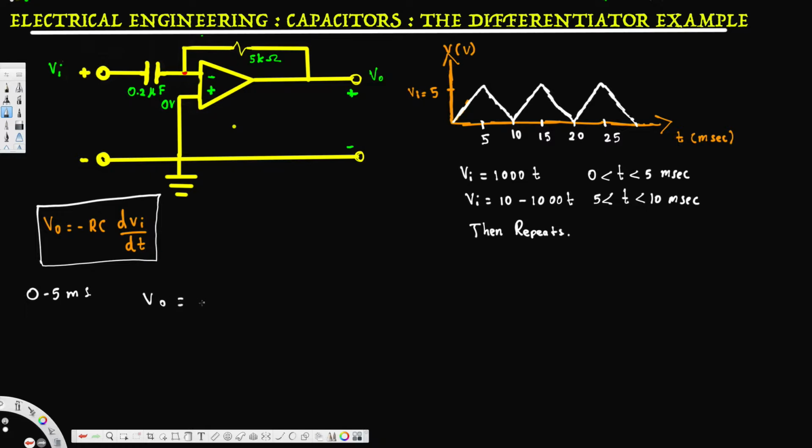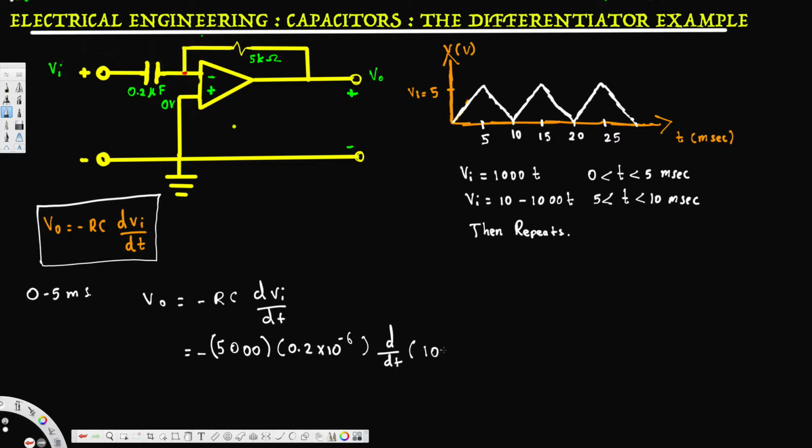Vo is equal to negative RC dVi over dt, and R is 5 kilo ohm, so 5 times 10 to the power of 3, we can say 5000, times C is equal to 0.2 microfarad, 0.2 times 10 to the power minus 6, d by dt, and the voltage is 1000 t when 0 to 5 millisecond.